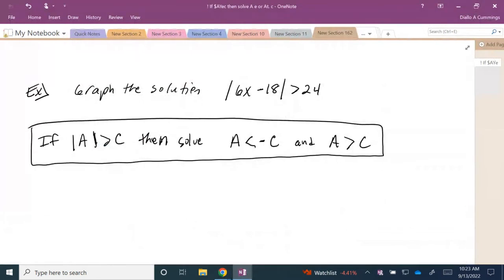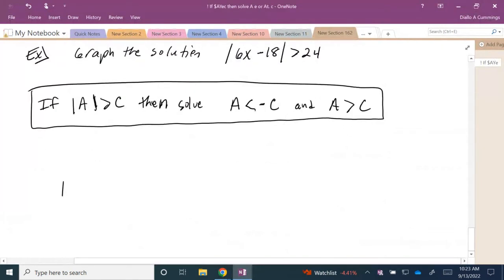All right, so we're going to take a look at the solution. So we have the absolute value of 6x minus 18 is greater than 24. Just keep in mind that C is equal to 24 and A is everything that's within the absolute value.